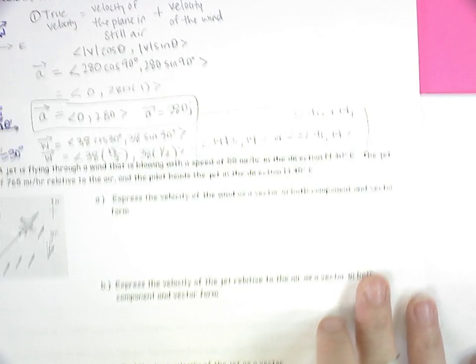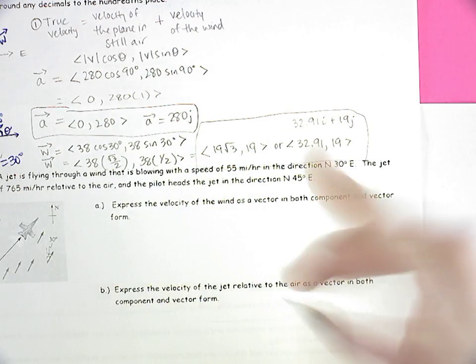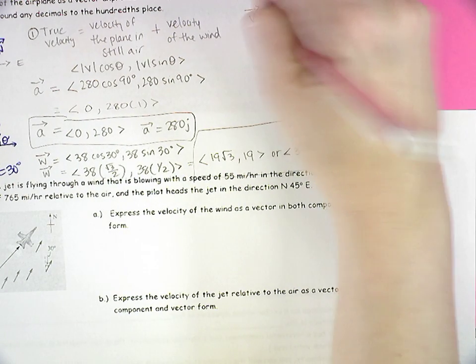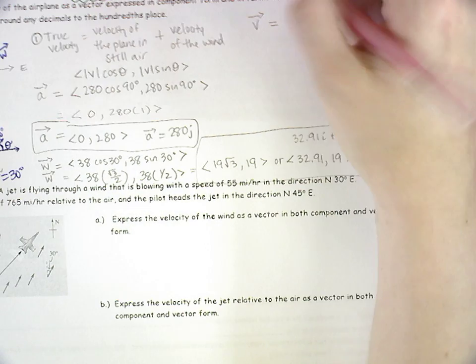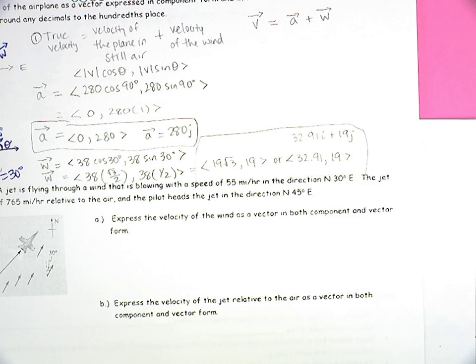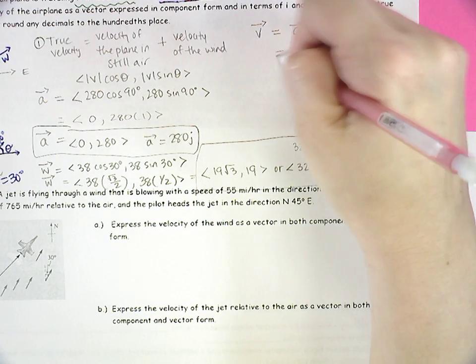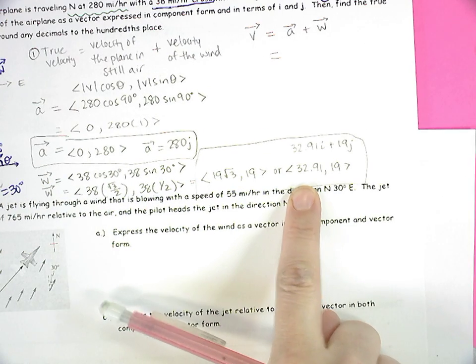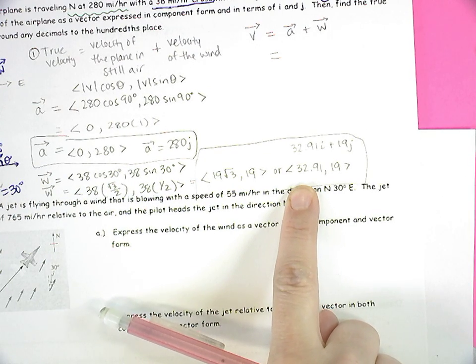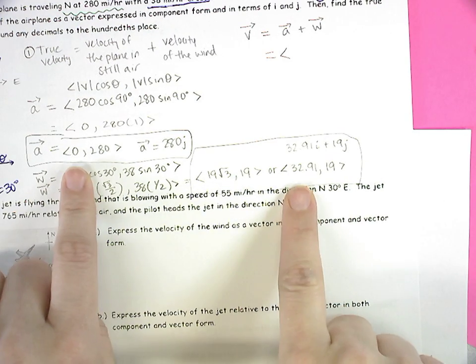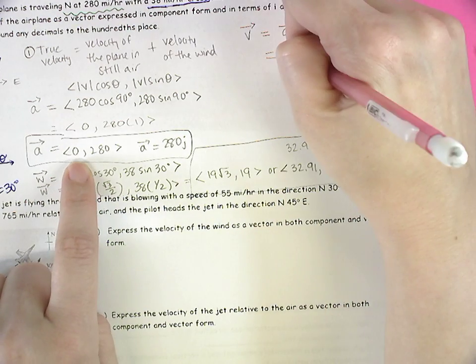Remember, what we're trying to find is the true velocity. To find the true velocity, we're going to add these together, and we call our true velocity vector v. So the true velocity is going to be the airplane vector plus the wind. If we just add those together, do you think that's okay? Or do you want me to write out the 0 plus 32.91? When you're adding, you are doing the 0 plus the 32.91, which will just be 32.91.